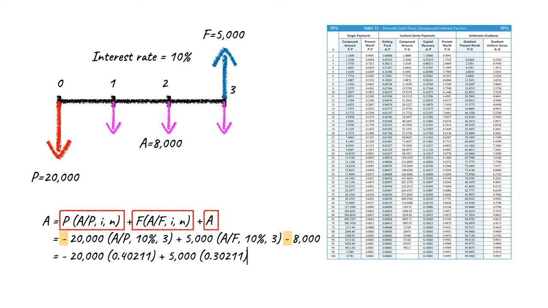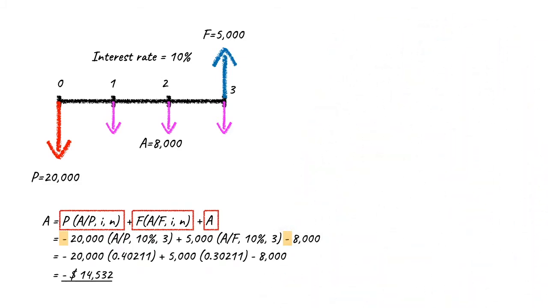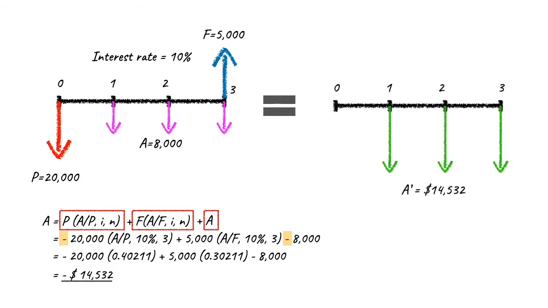Okay, using your calculator, you will get an equivalent annual series of negative $14,532, meaning money is going out from year 1 to year 3. In other words, all the three cash flow can be converted into an equivalent annual series of $14,532 as shown. So this is the annual series for one life cycle.